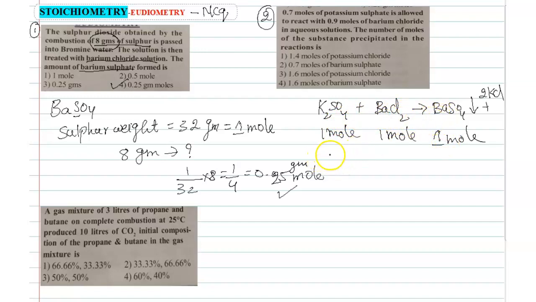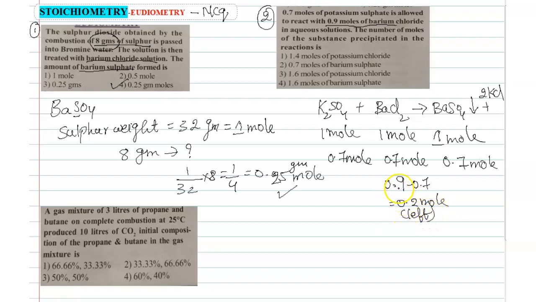Here they mentioned 0.7 mole. So 0.7 mole requires 0.7 moles of barium chloride and forms 0.7 moles of barium sulfate. Even though they mentioned 0.9 moles of barium chloride, 0.9 minus 0.7 equal to 0.2 moles left remaining.